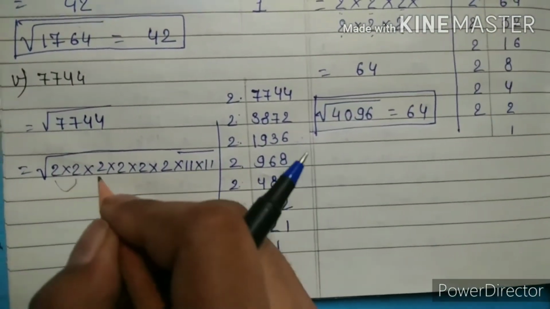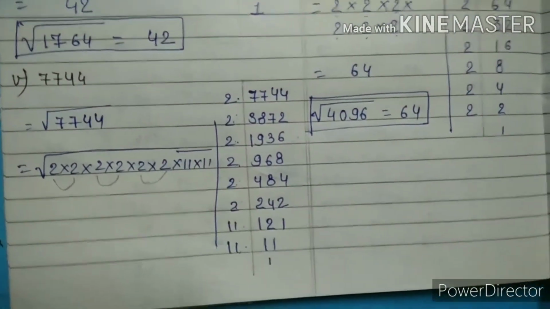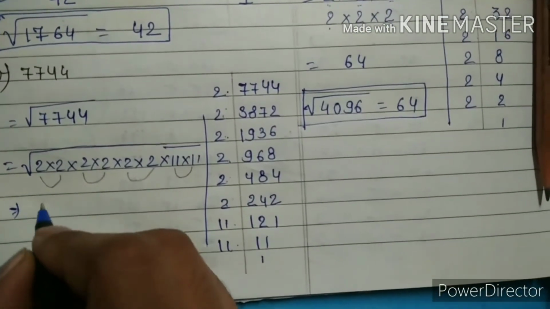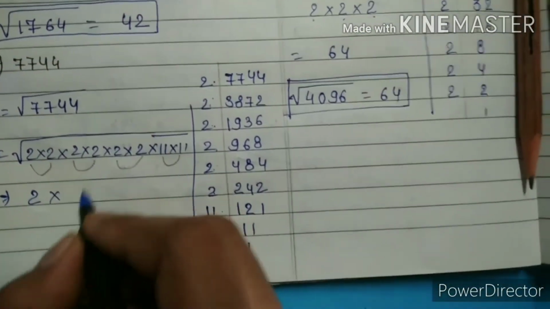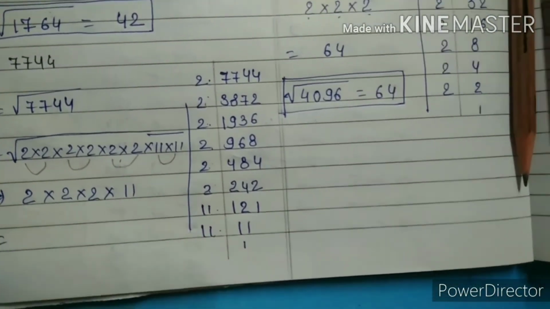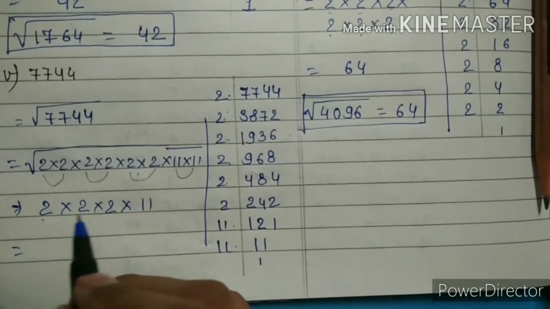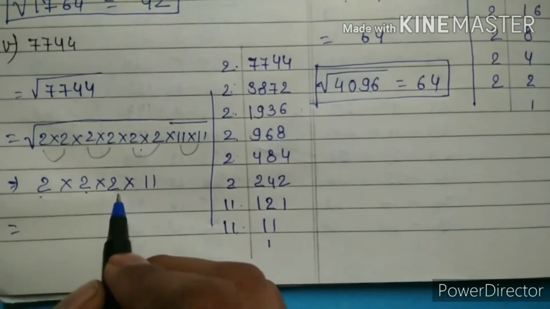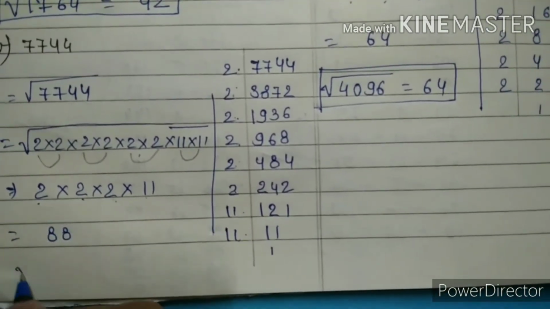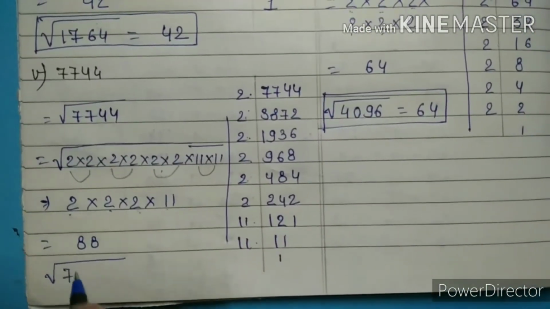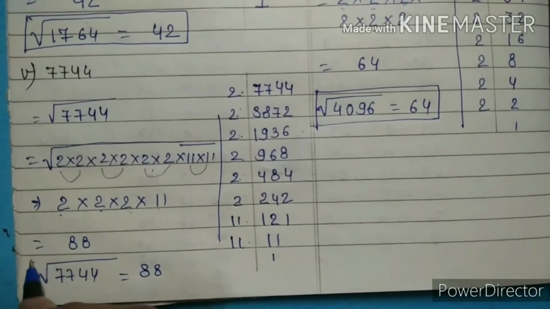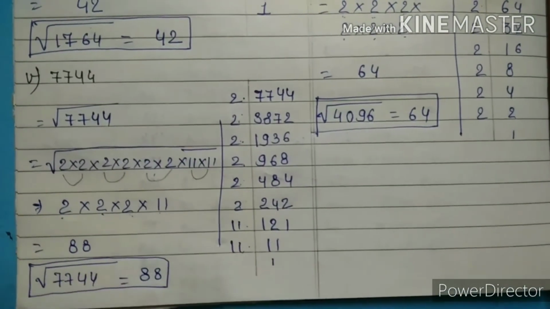Here 1 pair, 2 pair, third pair, and 11 is the last pair. First pair will give 1 time 2 out of the square root, second, third, and this is last. Now 2 2s are 4, 4 2s are 8, 8 11s are 88. It means the square root of 7744 is 88. This is the solution of the fifth one.